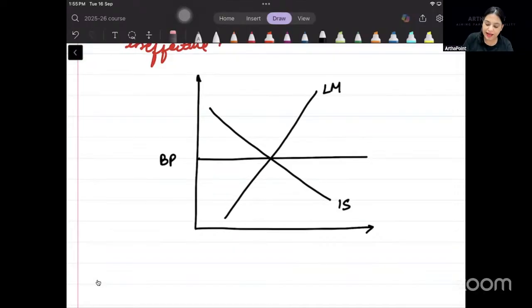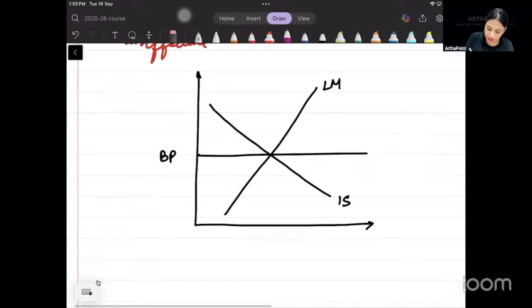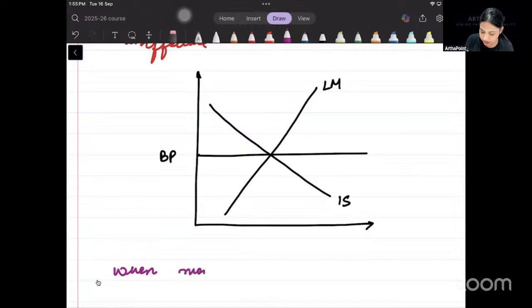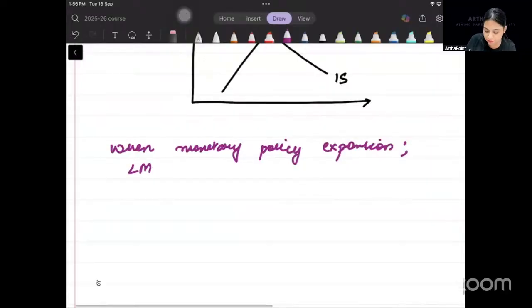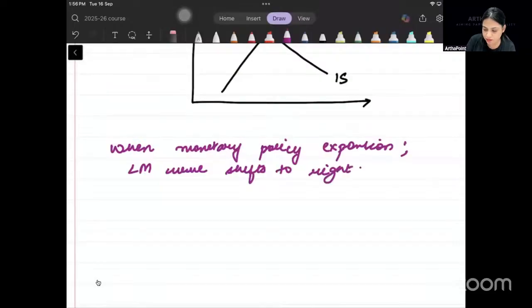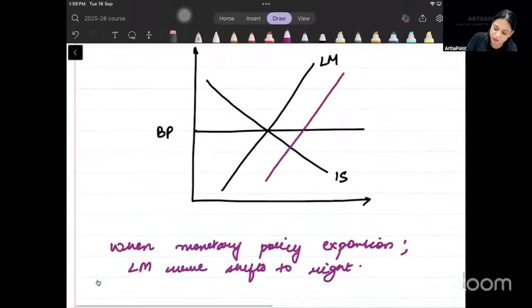So when there is monetary policy expansion, the LM curve shifts to the right.